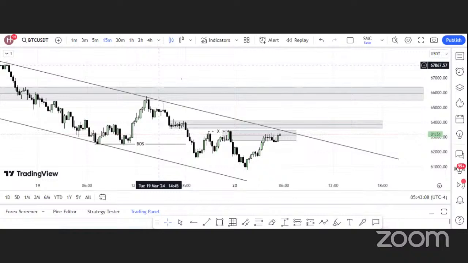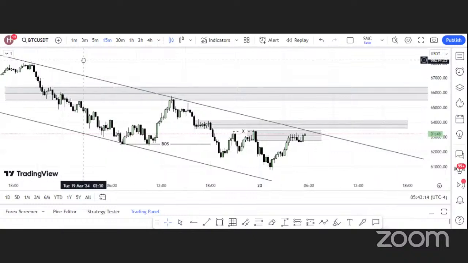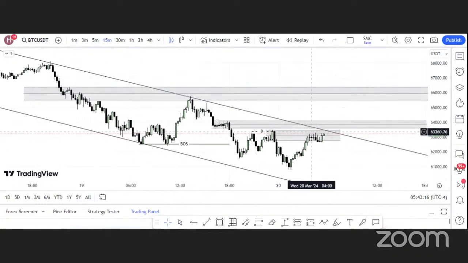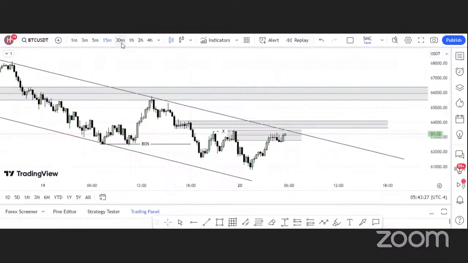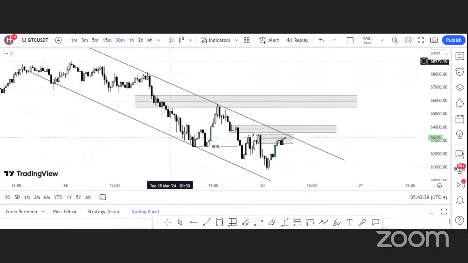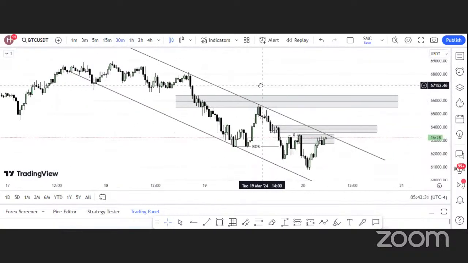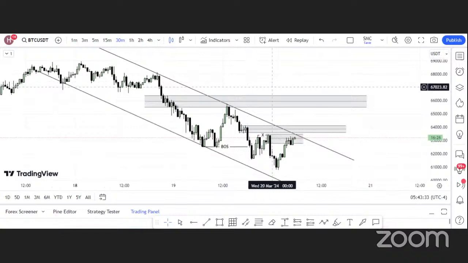Because aside from our other block, the resistance zone, we also have a trend line aligning with our point of interest. Here's our point of interest, this zone and this zone, and you see it aligns well with our upper trend line. So let's see what happens when the market gets to this point.